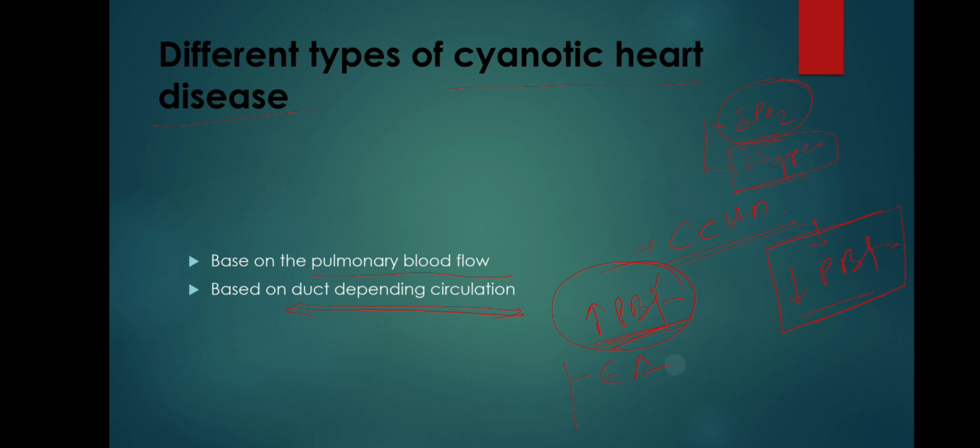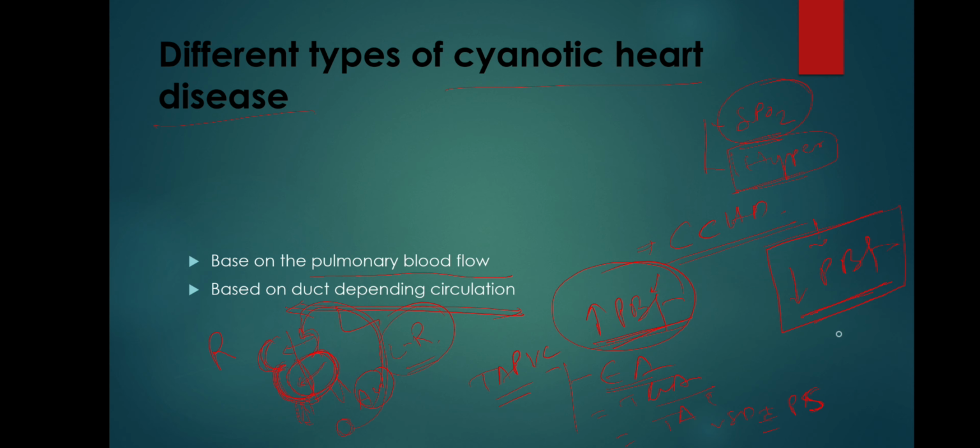Ebstein anomaly, TGA (transposition of great arteries), tricuspid atresia with VSD without pulmonary stenosis, and fourth is TAPVC.